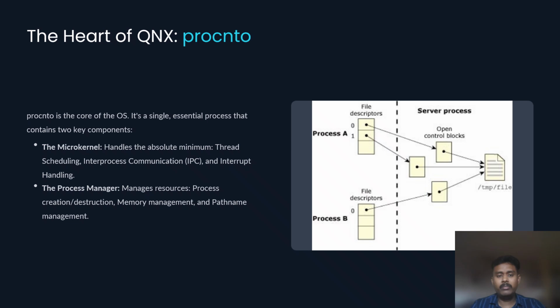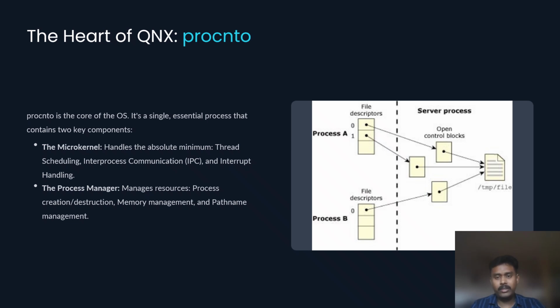The microkernel handles only the minimum part, that is threads, scheduling, IPCs, and interrupt handling. Whereas the second component, the process manager, is going to manage the resources, based upon the task it is running or the process it is having, and inside a process we have multiple threads. We will look into the differentiation between processes and threads.